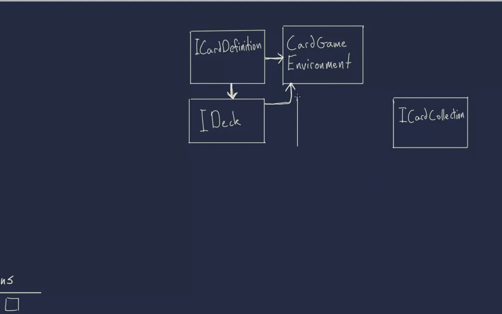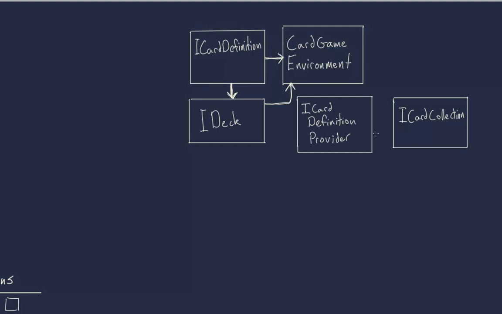Okay. So you have the iCard collection, which contains iCard definition providers. Now you said that was just an enumeration?